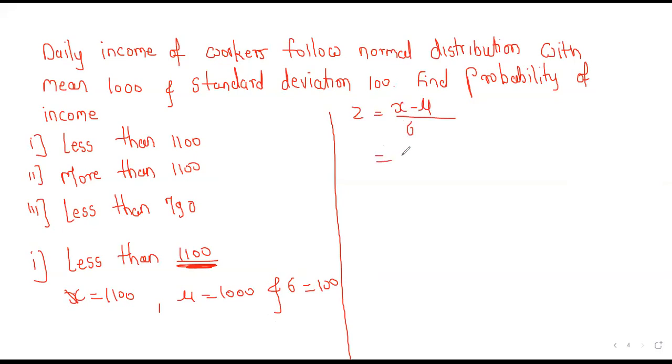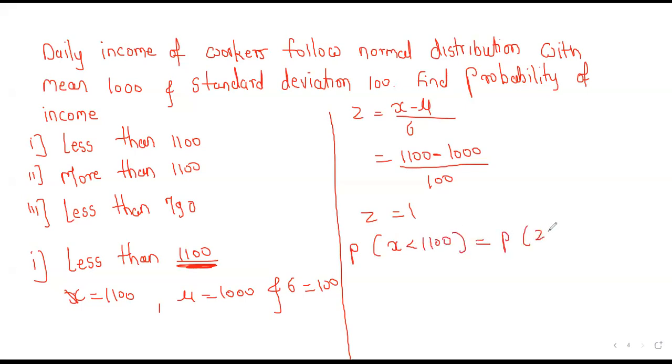So z is equal to 1100 minus 1000 divided by 100. So z is equal to 1. So the probability of x less than 1100 is equal to the probability that z is less than 1.